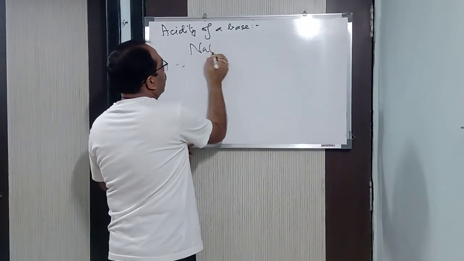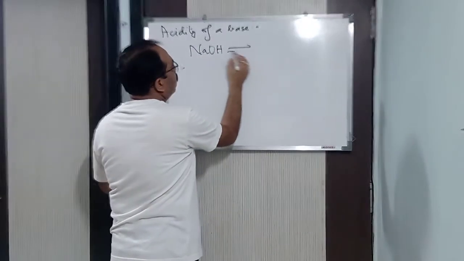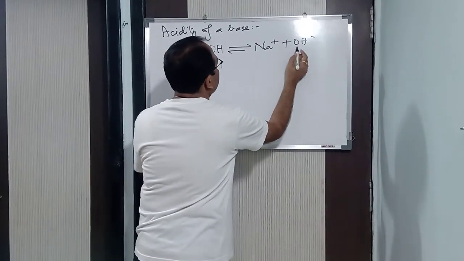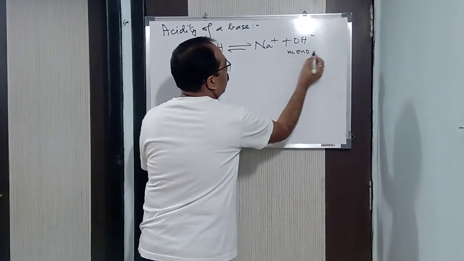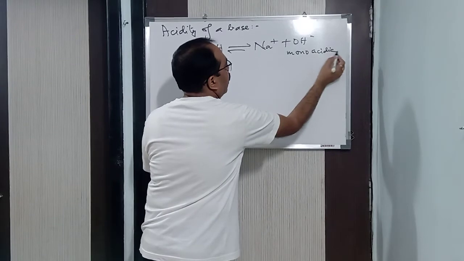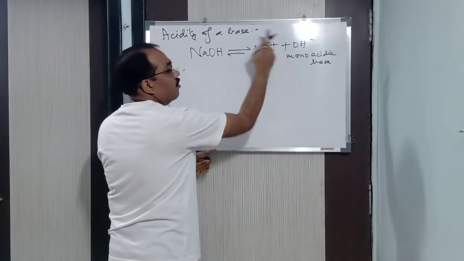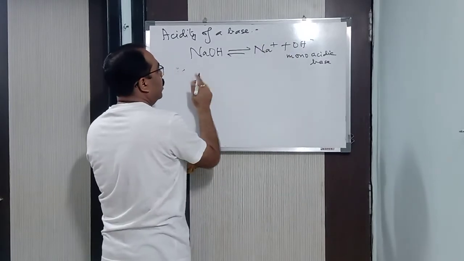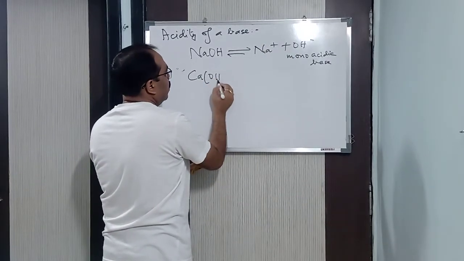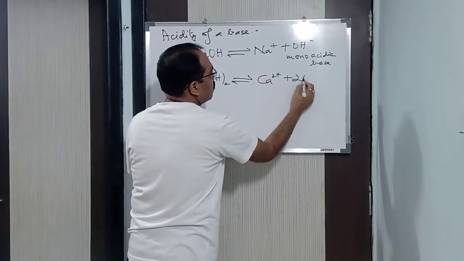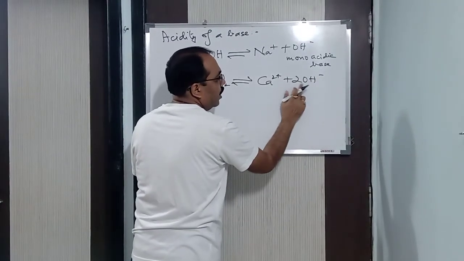Similarly, an example is NaOH, it will give you Na+ plus OH-. So we will say it is a monoacidic base. Here the acidity is 1. Similarly, calcium hydroxide, Ca(OH)2, will give you Ca2+ plus 2OH-. What will you say?